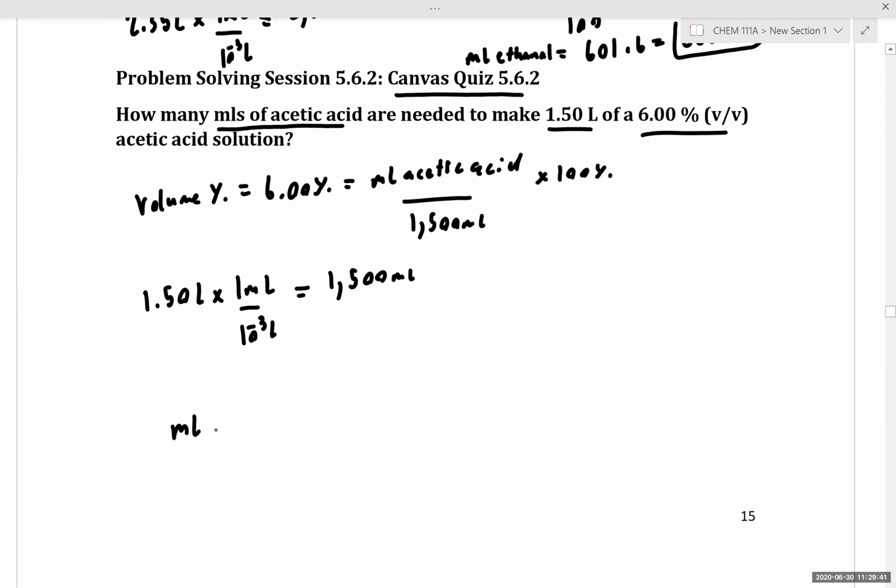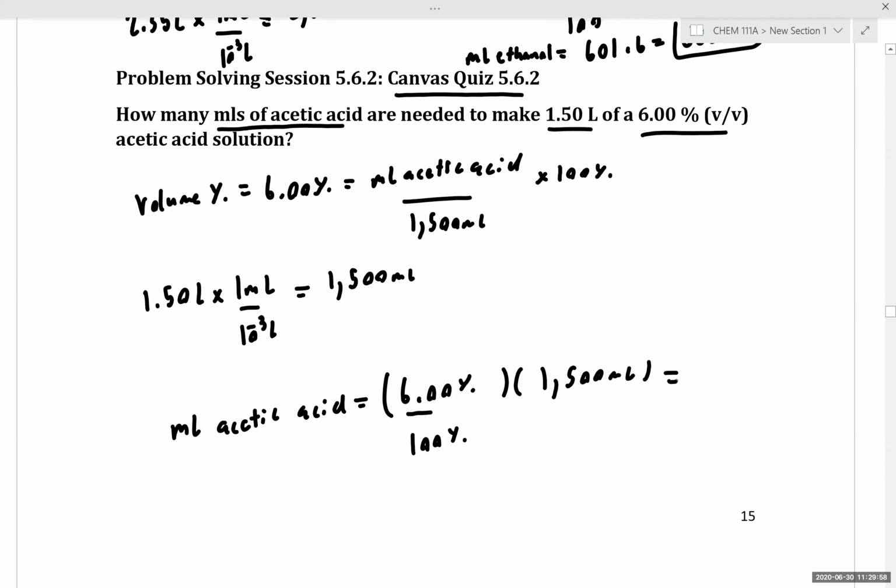So then, solving for the milliliters of acetic acid, we get 6.00 over 100% times 1,500 milliliters, which when we punch it into our calculator, 6 times 1,500 over 100, gives us 90 milliliters of acetic acid required.